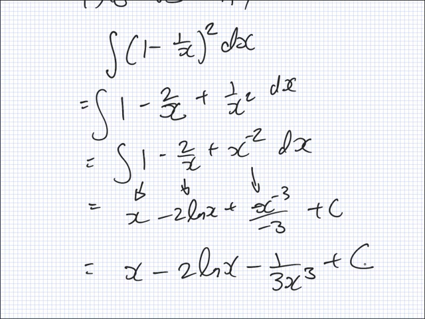Why did I not change the 2 over x to 2x to the power minus 1? There's a formula. Because if you change it to x to the power minus 1 and try to increase and divide by the power, what would be the problem? You'd be dividing by 0. So there's actually a special rule: 1 over x integrates to log.